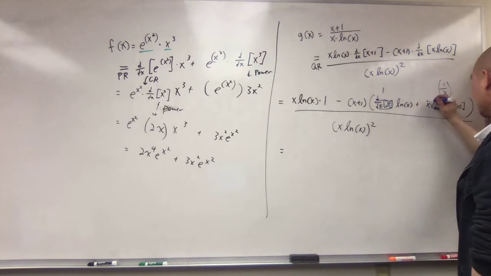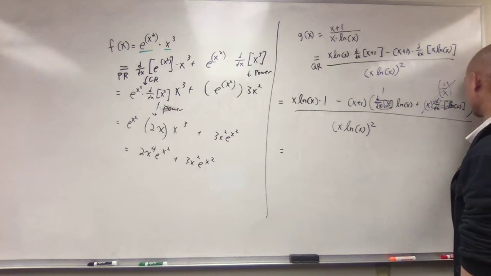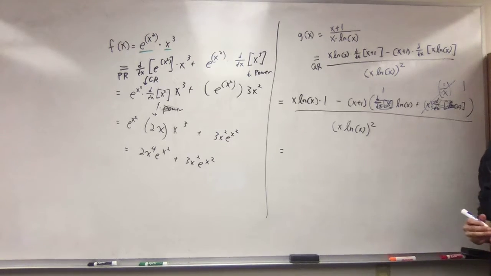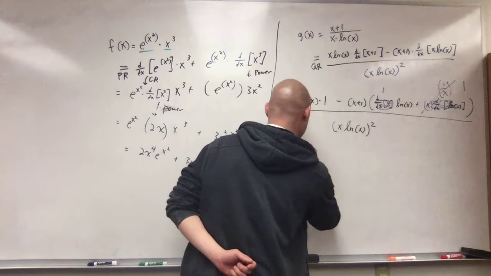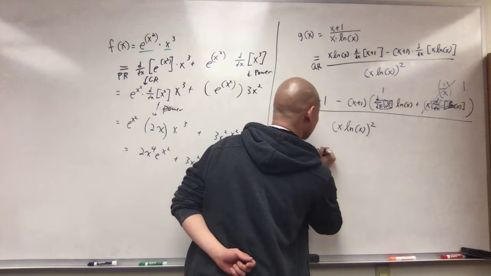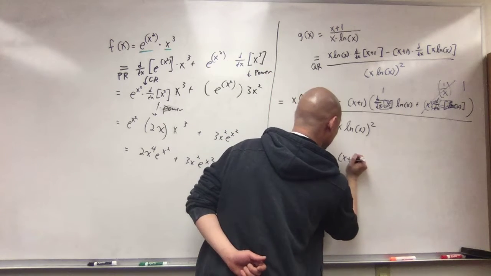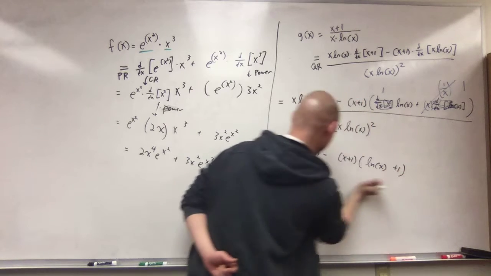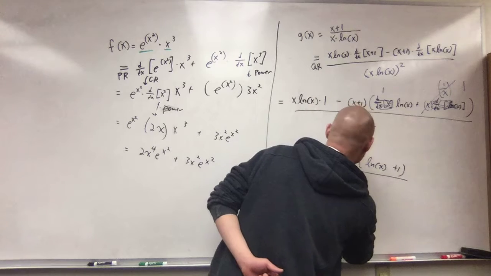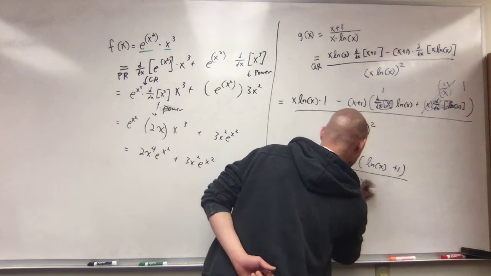And then 1 over x times x, that's just 1, right? And so this whole thing simplifies to x natural log of x minus x plus 1 times natural log of x plus 1. And this is all over x natural log of x squared.